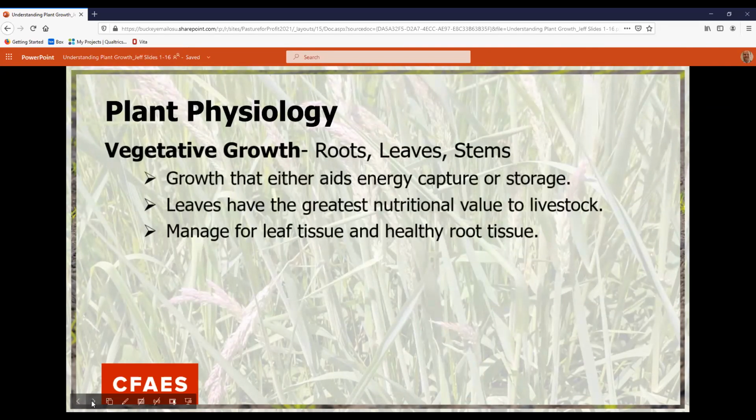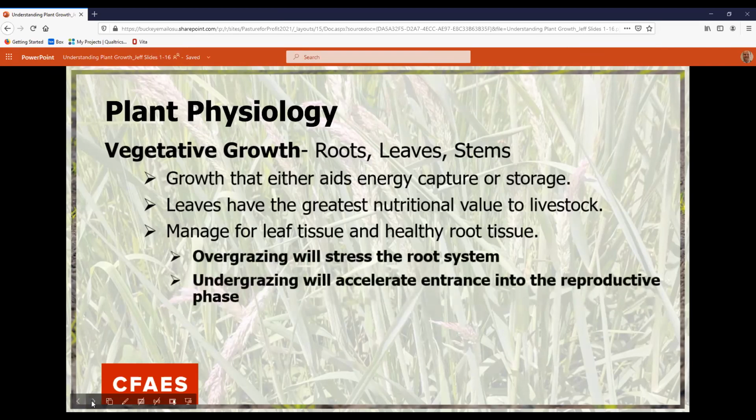So for plant physiology, growth either aids energy capture or storage. So the roots, leaves, and stems either help with energy capture, capturing the sunlight and then turning it into carbohydrates, or storage. Leaves are the main factor. We like green leaf. They have the greatest nutritional value to livestock. So we want to manage for healthy leaf tissue and also healthy root tissue.